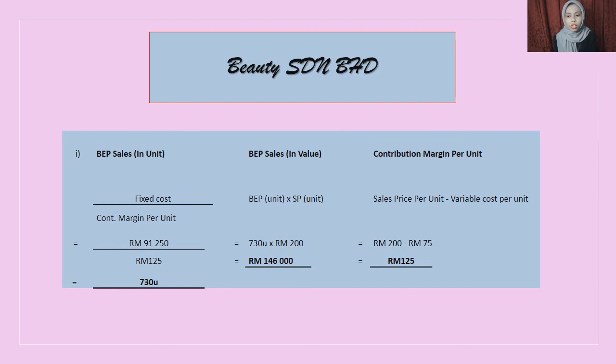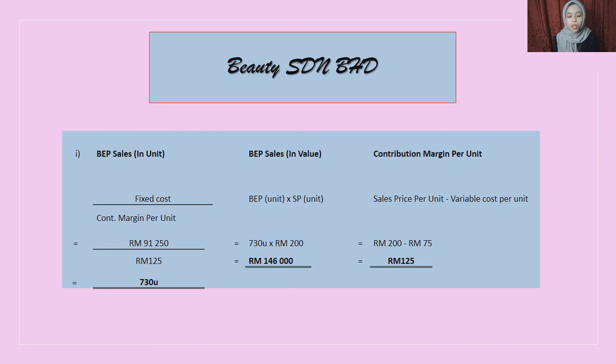The question already provides the fixed cost value, which is 91,215, and the contribution margin is 125 ringgit. We divide them and get a total of 730 units. For the BEP sales in value, the formula is BEP unit times the selling price.